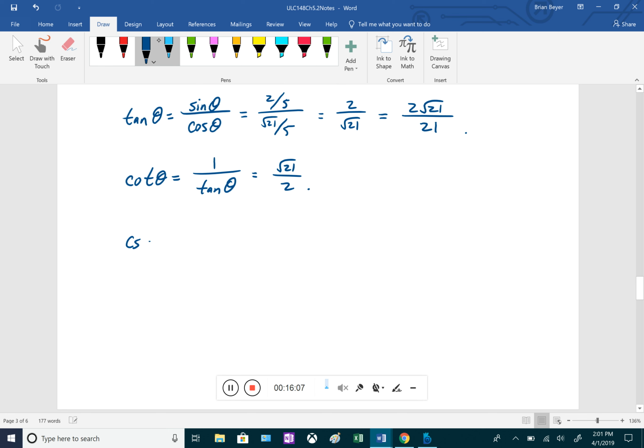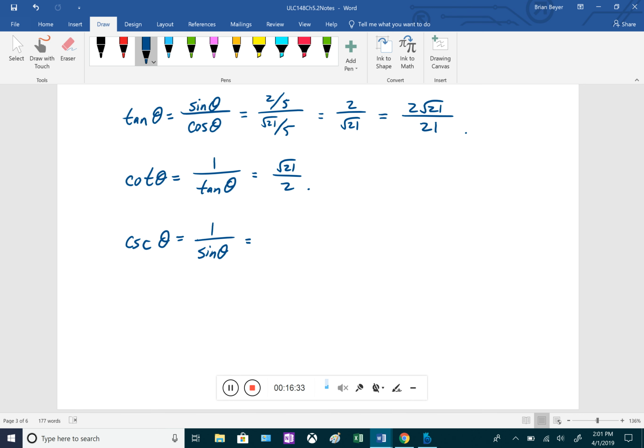Next, let's do cosecant. Cosecant, reciprocal identity, it's the reciprocal of sine of theta. So you have to be a little bit careful because sine and cosecant are reciprocals. Don't get confused and say sine and secant are reciprocals. They both begin with an S, but that's obviously not why they're named that way, so just don't get confused with that.